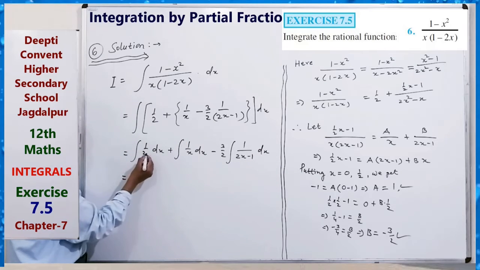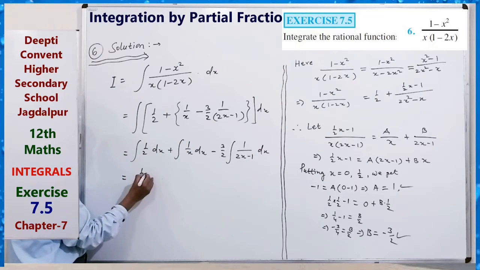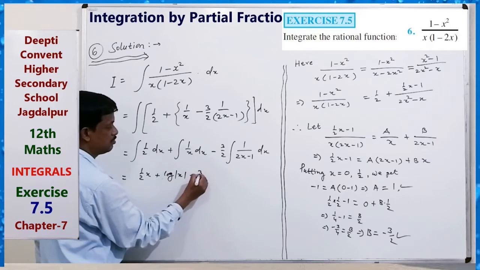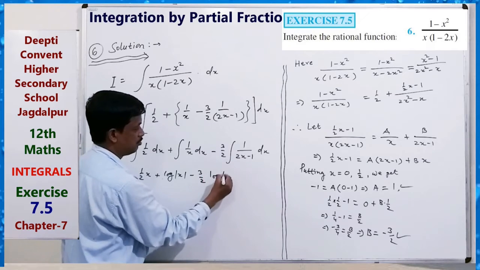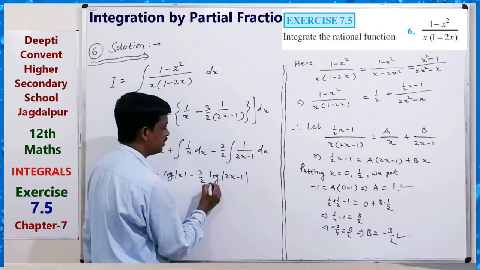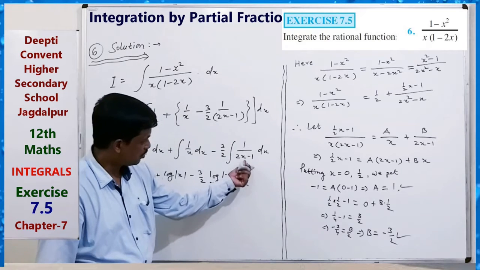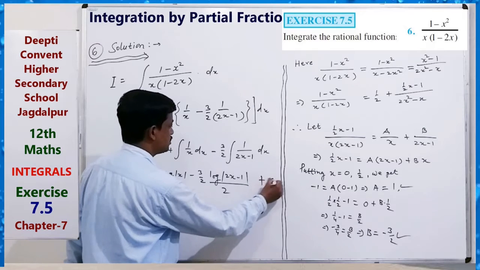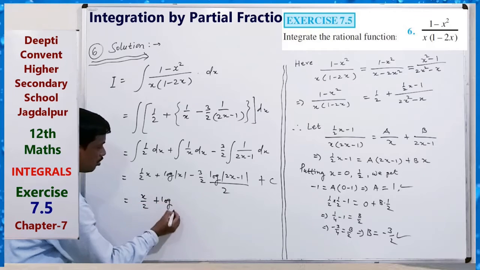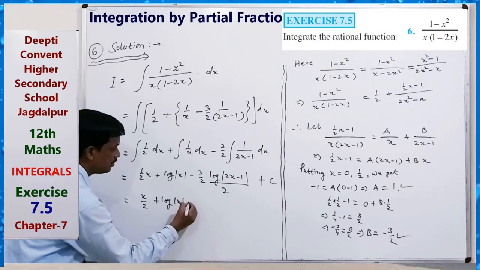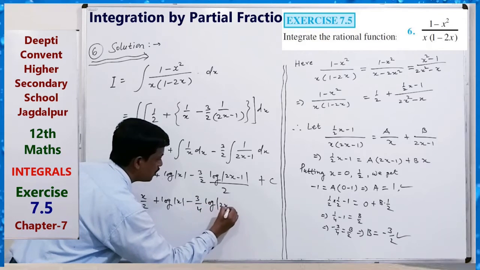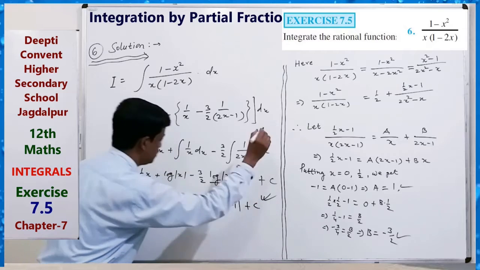So this can be solved: half 1 dx means half x, plus log of mod x, minus 3 by 2 log of mod 2x minus 1 divided by 2 because of the coefficient of 2, plus c. Clear? So we can write x by 2 plus log of mod x minus 3 by 4 log of 2x minus 1 plus c. So this is our answer.